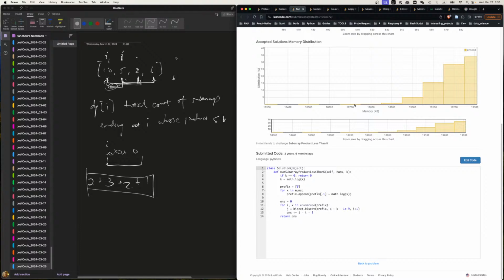Then when we use prefix sum, but it is a log. Yeah, we just log plus. Then we go through the prefix for each one. We're going to bisect the prefix x plus k minus 10 to the 9th.